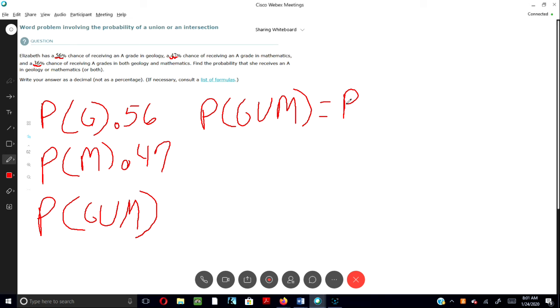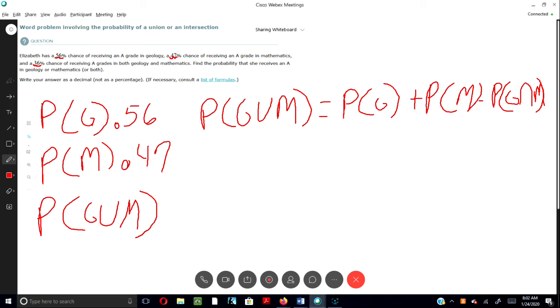The formula for this is the probability of her earning an A in geology plus the probability of her earning an A in mathematics minus the probability of G intersect with M. When I say G intersect with M, I'm talking about this area right here in the center.